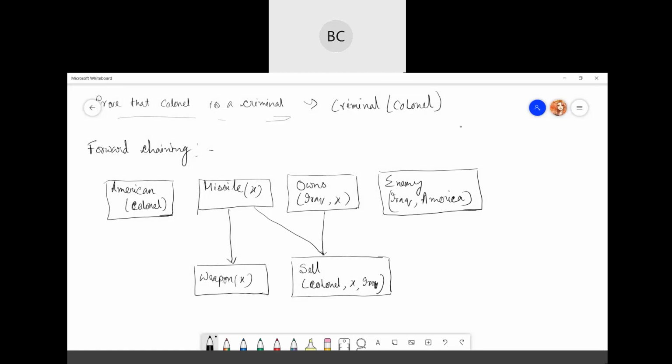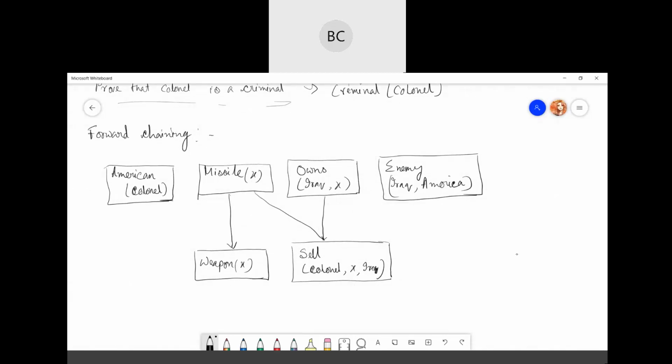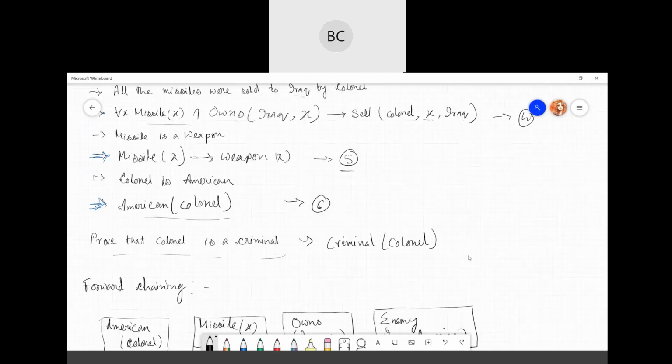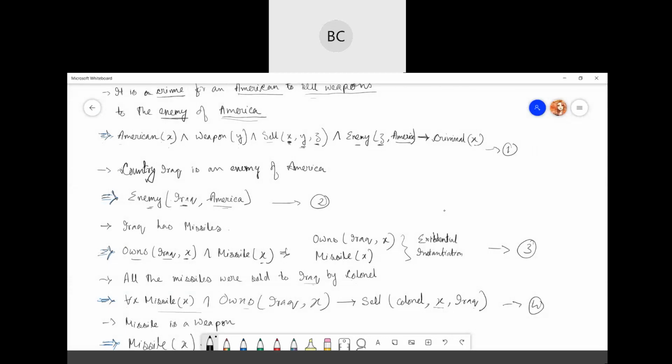So keep it. Now what we have, see, we have American, which is colonel, then we have weapon X, then we have sells, then we have the enemy part. So you see in the first one we have all these 4 elements: American, weapon, sells, enemy, and if all 4 things are there, then we can say criminal.